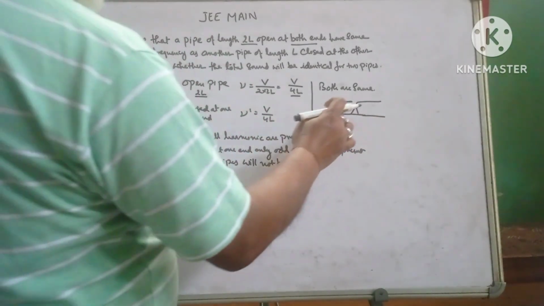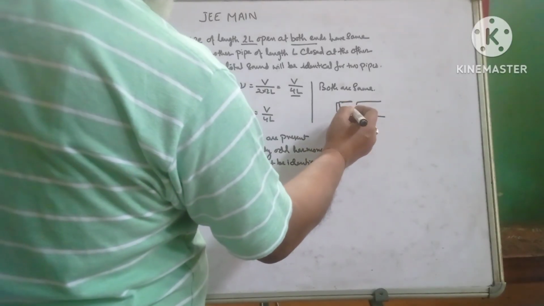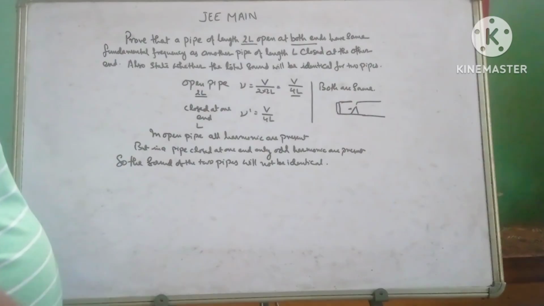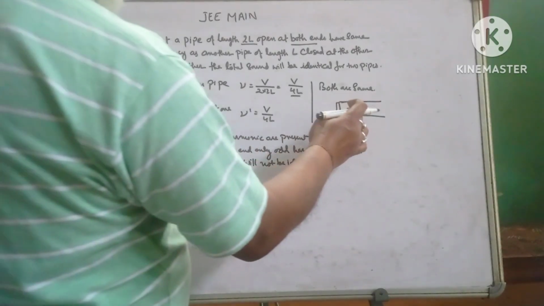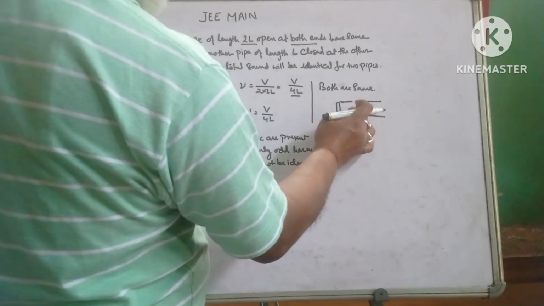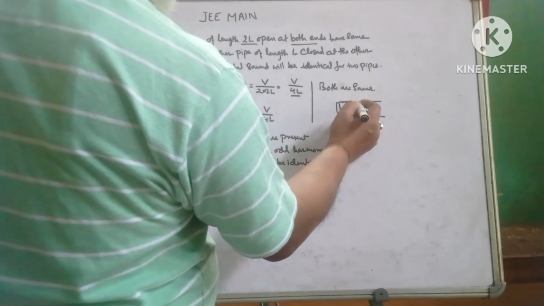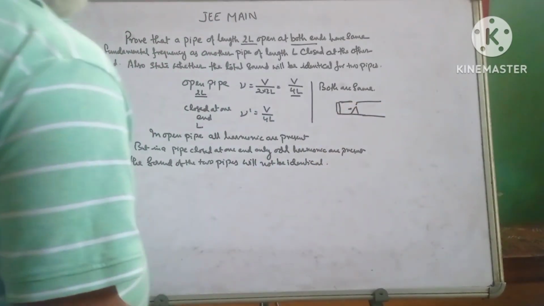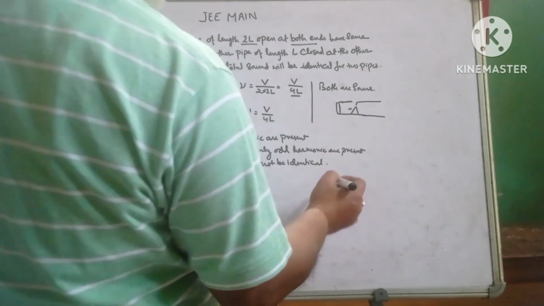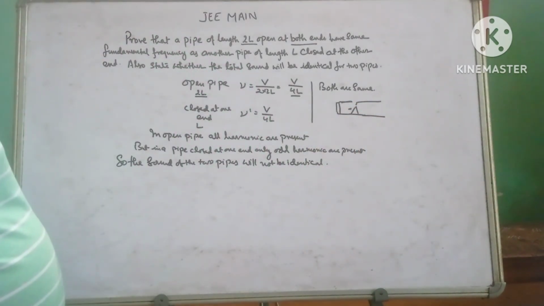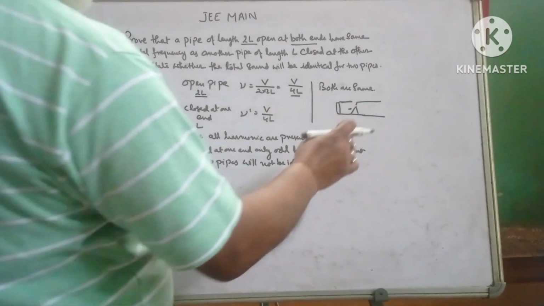When the air is blown, it strikes at this edge, and a jet of air is directed upward, which strikes the edge of this portion.